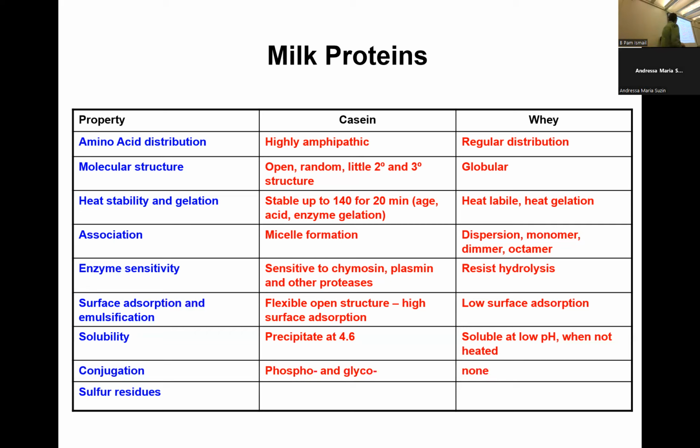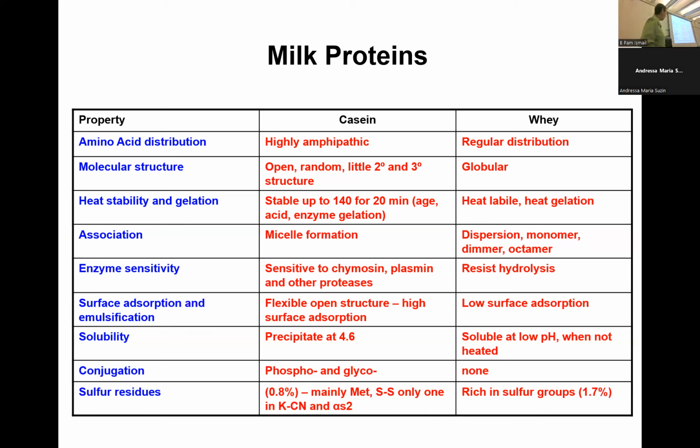Sulfur residues, how are they different? Do we have a lot of sulfur residues in casein? No. Only kappa casein has one SS linkage, and alpha S2 has one SS linkage. However, there are a lot of sulfhydryl groups, sulfur groups in whey.